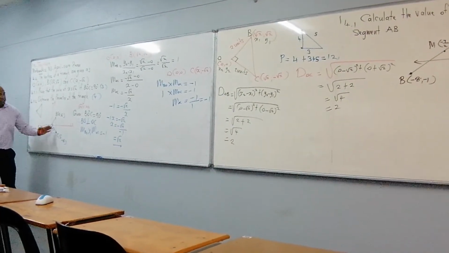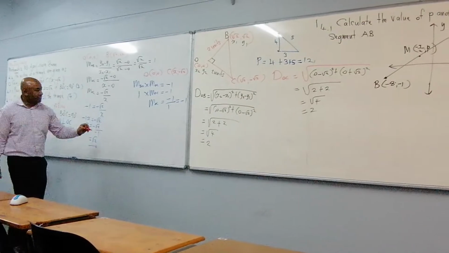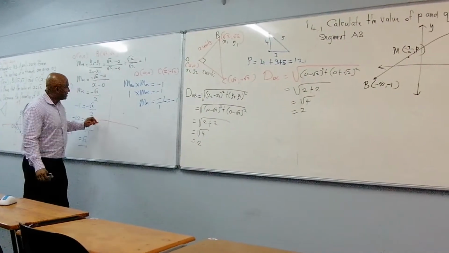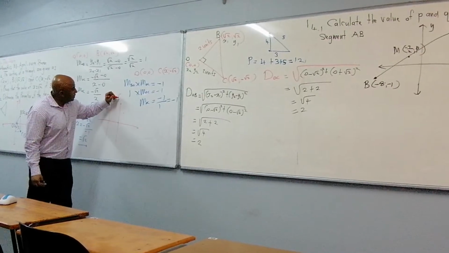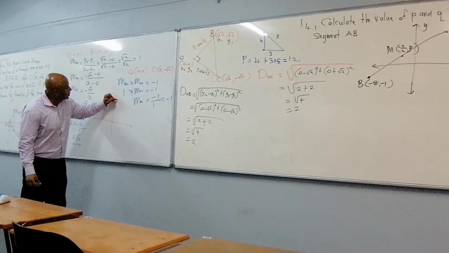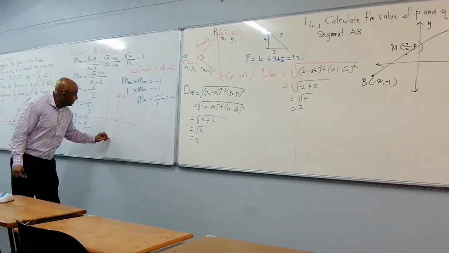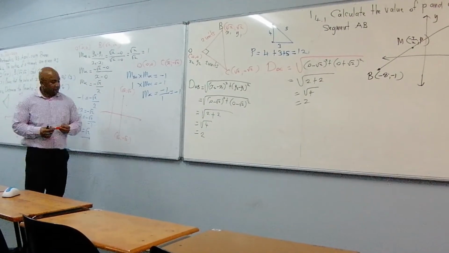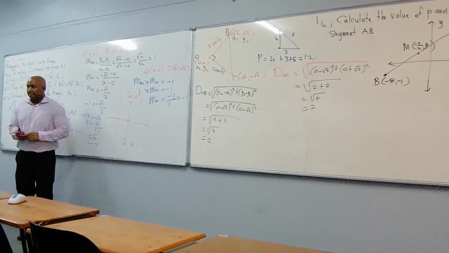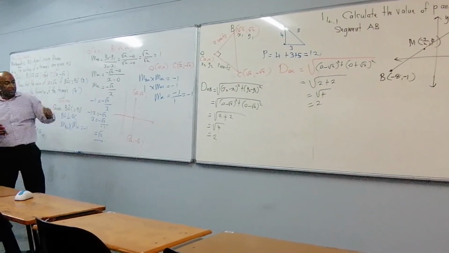It's the same x value. This one here was root 2, and this one is root 2 minus root 2. I'm talking about the distance from B to C.